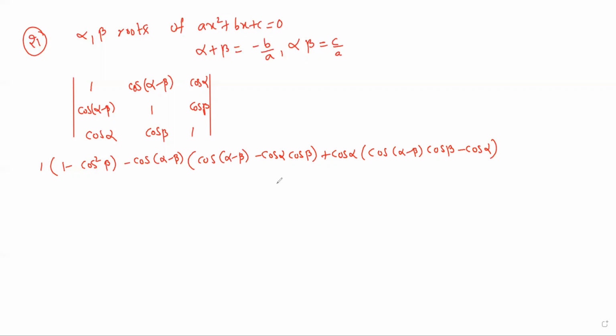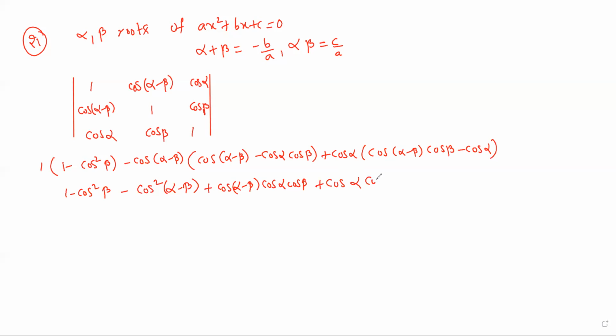Okay, now it is 1 minus cos square beta. Multiply inside, what will you get? Cos square of alpha minus beta. Now next here, minus into minus plus cos of alpha minus beta into cos alpha cos beta. Multiply inside, what will you get?